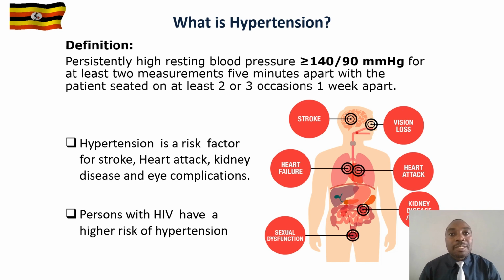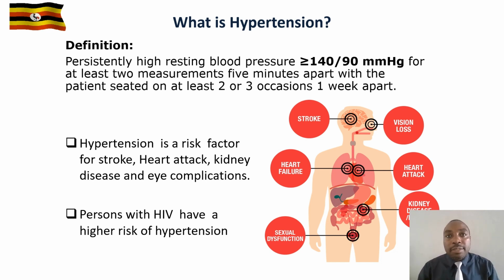If we are to explain what that means, it means somebody having a persistently high resting blood pressure, meaning they have to be seated and calm. When you take their blood pressure reading, it is above 140/90 on at least two measurements taken 5 minutes apart, or on at least 2 or 3 occasions at 1 week intervals.